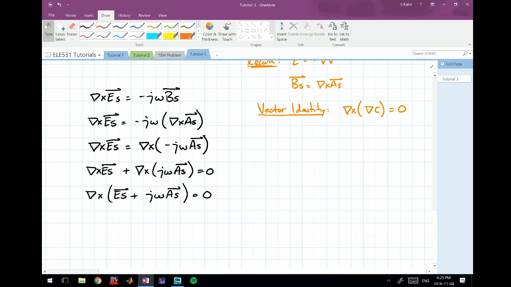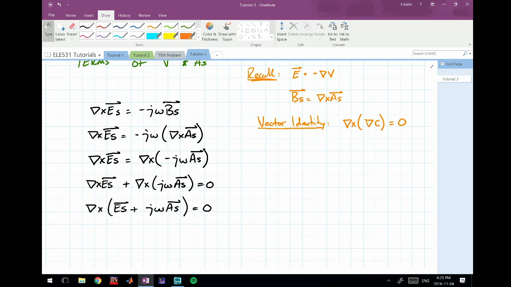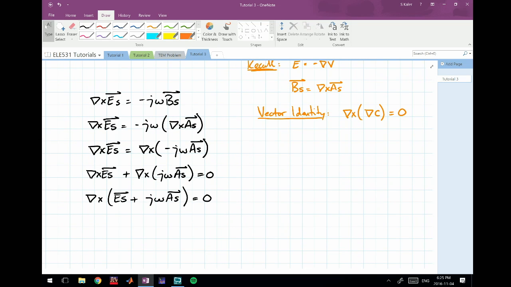Now, if the curl of this, negative gradient V, equals 0, I have here two equations that equal 0. Now logically speaking, that means I can equate these two equations.